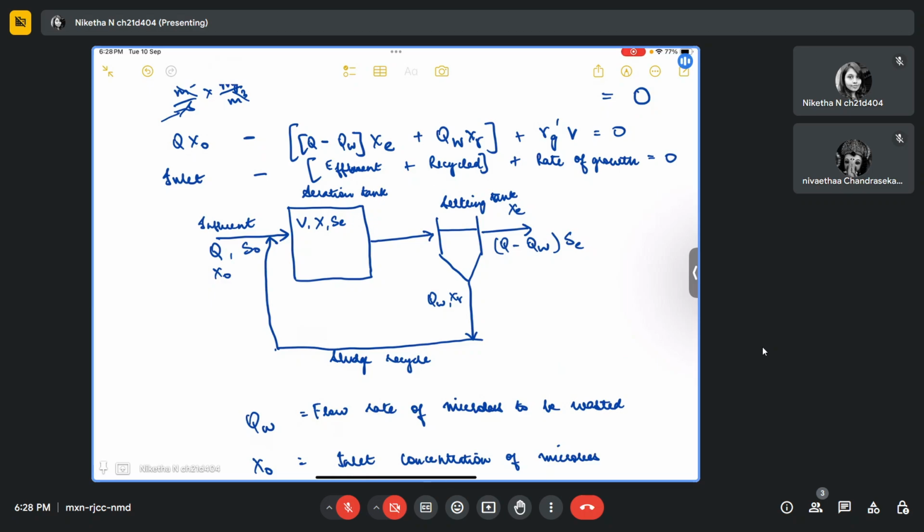So when we take at any given time the mass coming in the inlet, minus the mass going out in the outlet and the mass going for recycling, plus whatever microbial growth is there inside the system, all of this together should be equal to 0. So the net rate of microbial inlet is going to be the rate of outlet plus the rate of microbial growth.